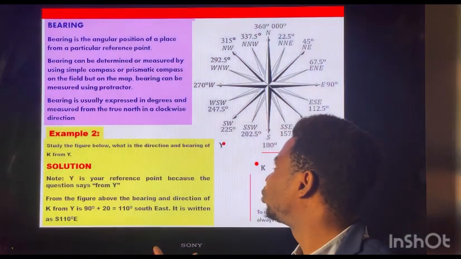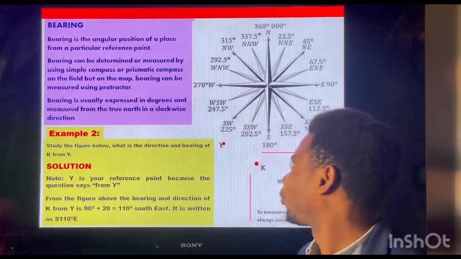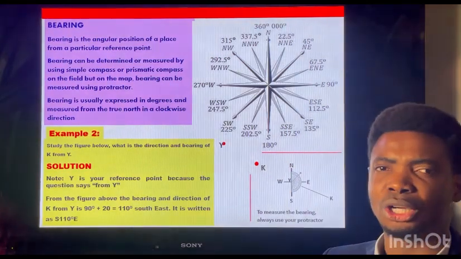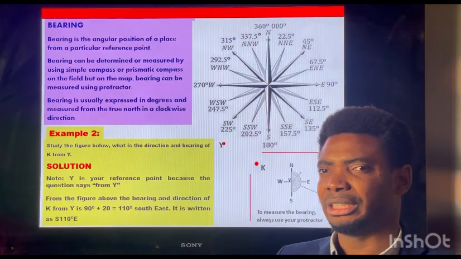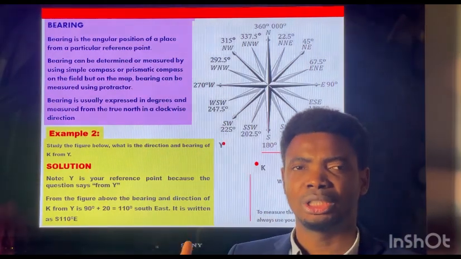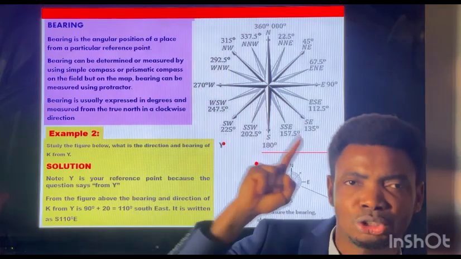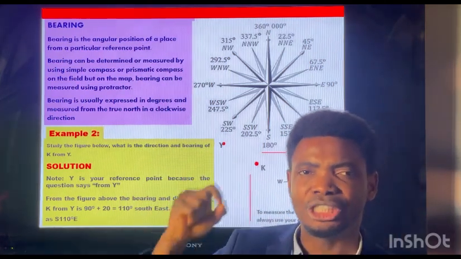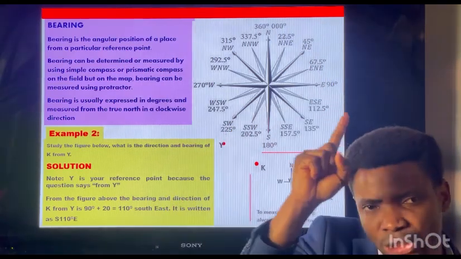So bearing is usually expressed in degrees when you measure it from the true north in a clockwise direction. Don't forget, bearing is always measured in a clockwise direction from the true north.